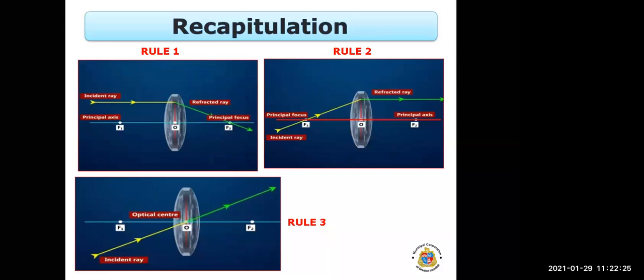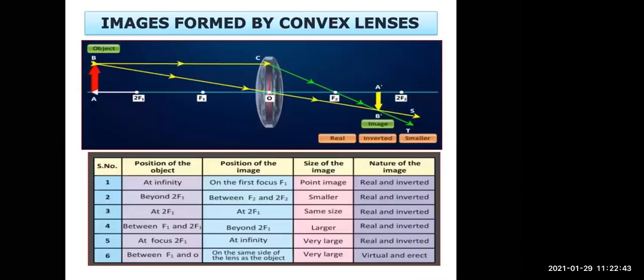The second rule: whenever the incident ray passes through the principal focus, the refracted ray will be parallel to the principal axis. The third rule: when the incident ray passes through the optical center of the lens, it passes without changing its direction. According to that, we have drawn a few ray diagrams.